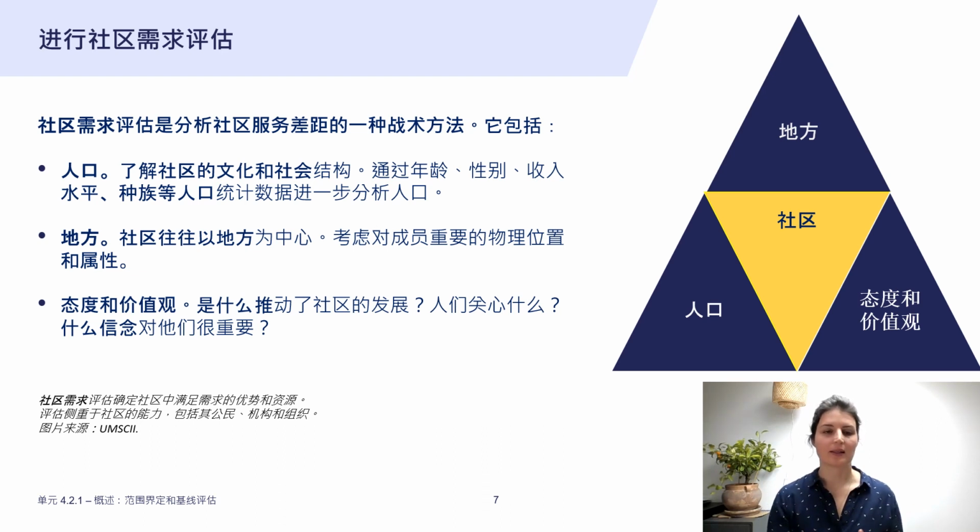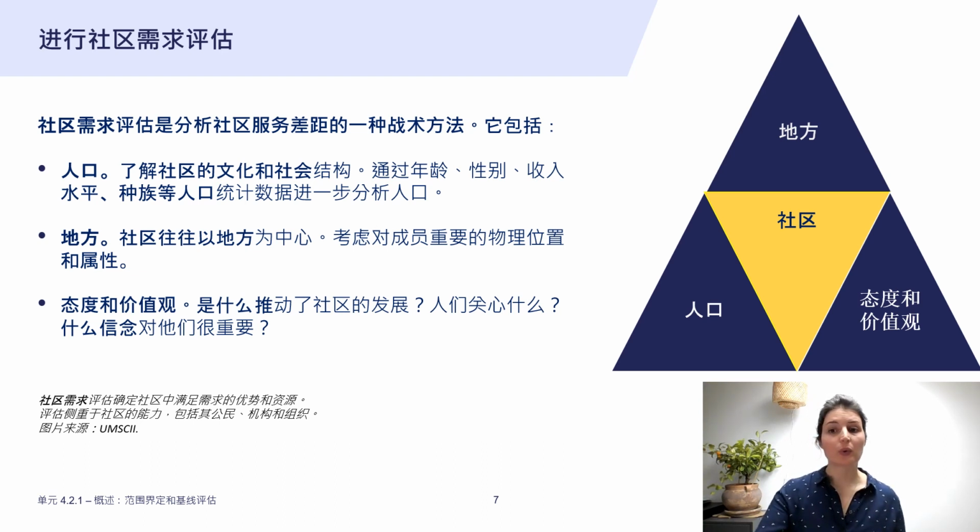The assessment intends at understanding the culture and social structure of the community through demographics such as age, gender, income level, ethnicity, and more. Further, a community needs evaluation aims at assessing where people live, play, work, and gather. The analysis scrutinizes the relationship between people and places.